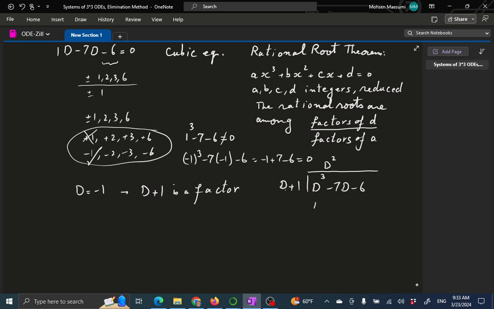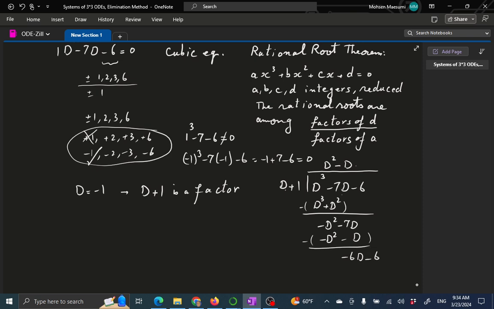Multiplying back here, I get d cubed plus d squared. Subtract that, or flip the sign of it and add it up. So I get minus d squared, and then bring down the next one, minus 7d. So that is going to give us a minus d here. Minus d times this is going to give us minus d squared minus d. Again, subtract this, so you get minus 6d, and bring down the next one.